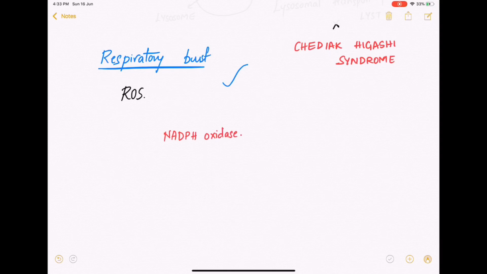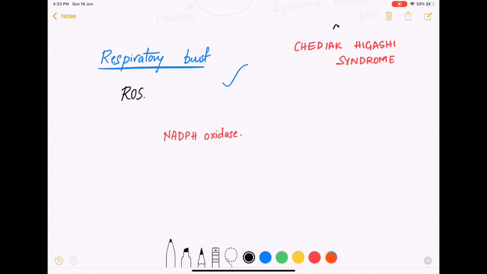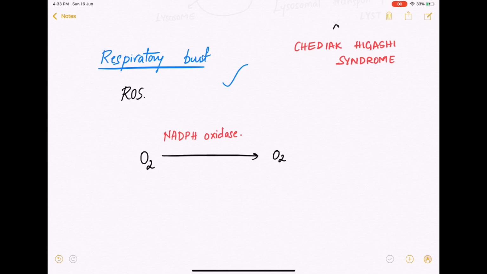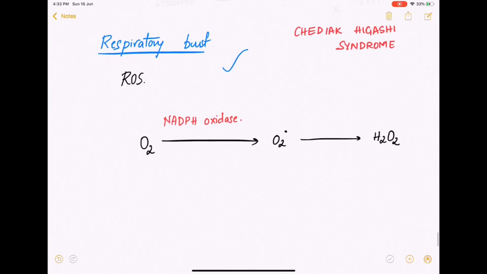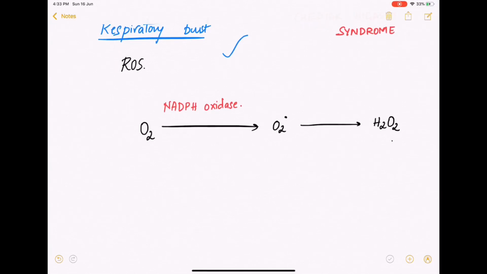NADPH oxidase oxidizes the NADPH, in the process of which it is going to reduce oxygen to superoxide radical. This superoxide radical, by the action of dismutase enzyme, gets converted into hydrogen peroxide.